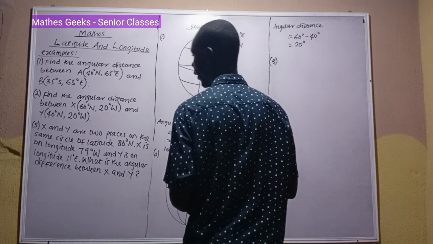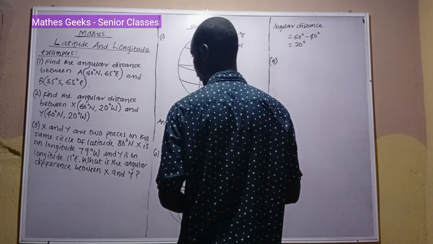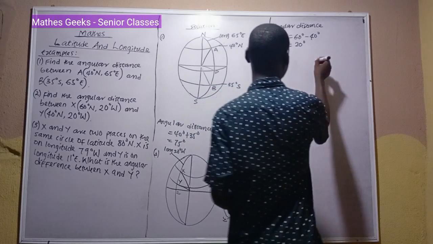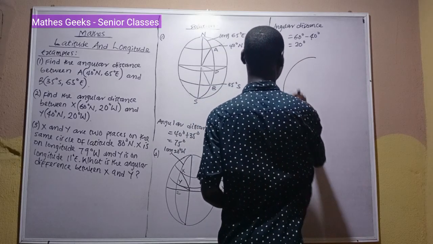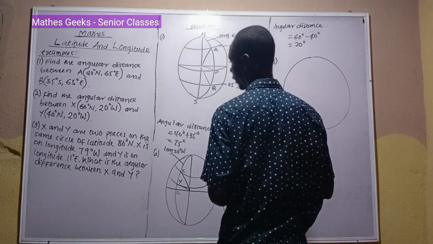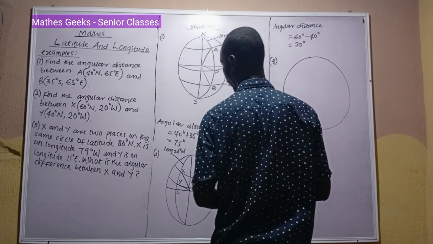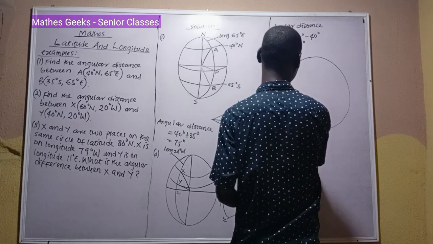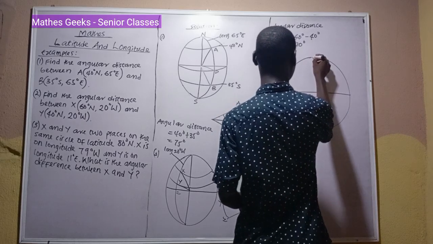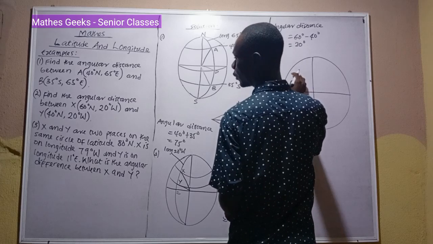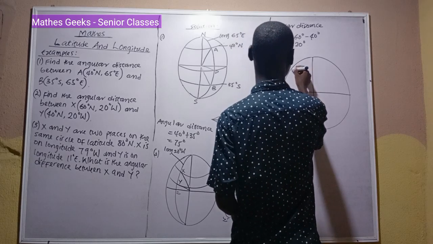And 3. X and Y are two places on the same circle of latitude 80 degrees north. So this shows that both X and Y are on the same line of latitude. So first of all, let's use our equator. North. So latitude 80 degrees north.